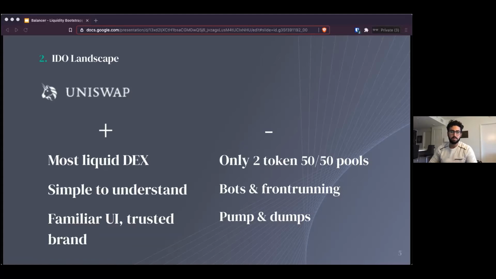So you have to actually have a lot of capital available upfront just to launch this pool. And basically you would need to do a venture round in order to do your IDO, which is probably not what a lot of teams want to do.